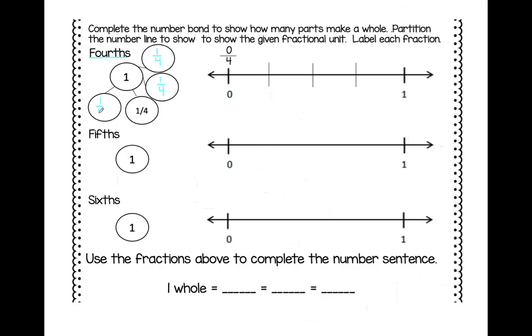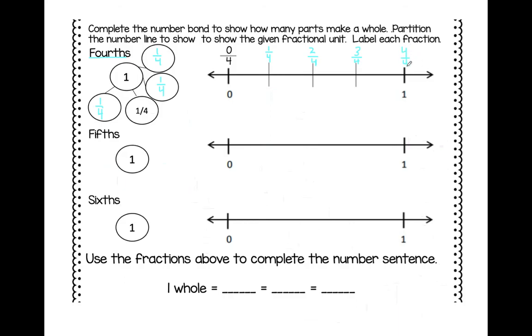So 1/4 plus 1/4 plus 1/4 plus 1/4 is going to give us 4/4, or 1 whole. Now, do not forget they're also asking you to label the number line, so you can see how each of these is going to equal 1 whole.